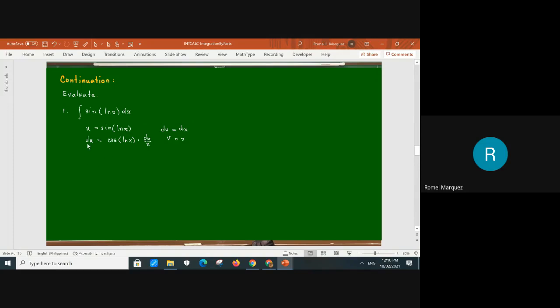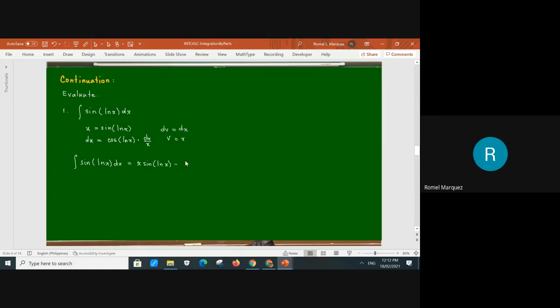So applying now the integration by parts formula, or IBP, we have integral of sine of ln x is equal to what, guys? What's the answer? x times sine of ln x. So that is uv, not sub.